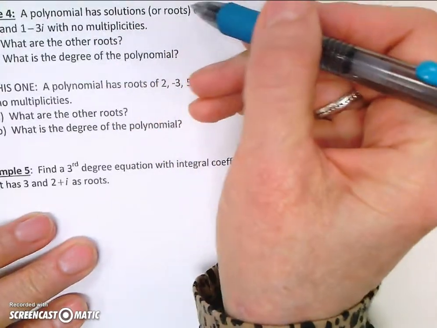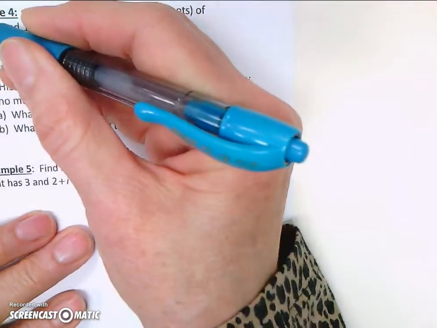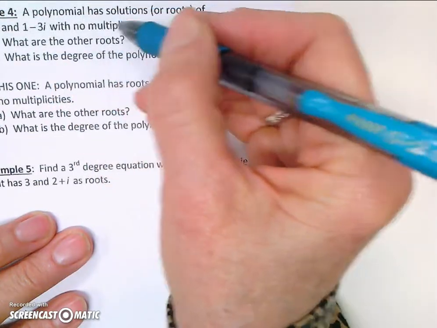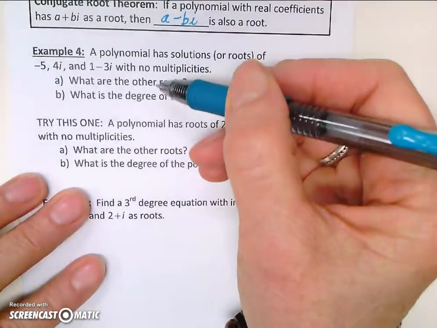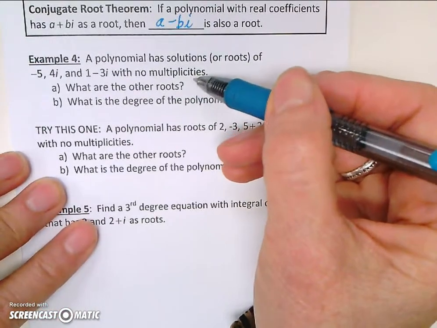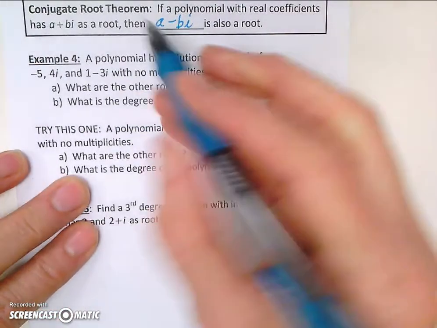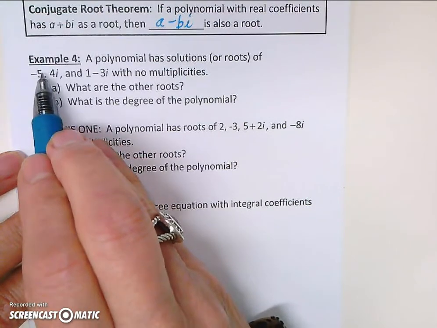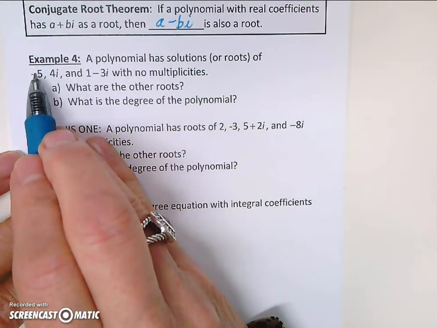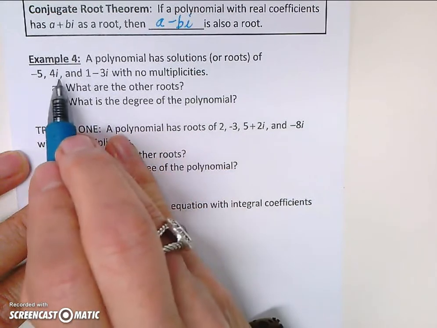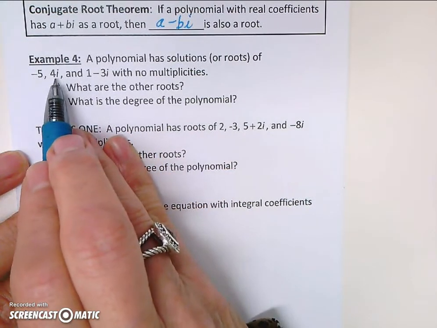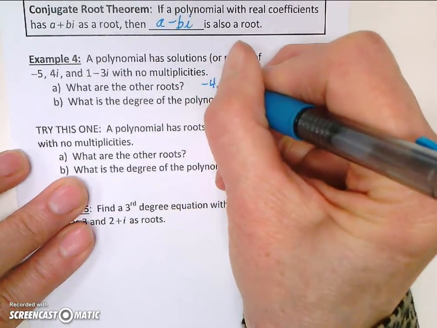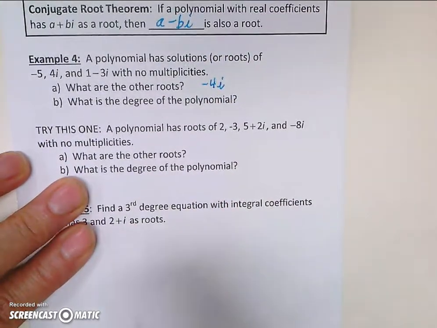So it says a polynomial has solutions or roots of negative 5, 4i, and 1 minus 3i with no multiplicities. What are the other roots? Well, negative 5, that's real, so that doesn't have a partner. But for 4i, imaginary, it's going to have its conjugate, which is negative 4i.